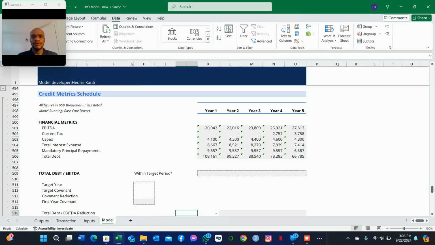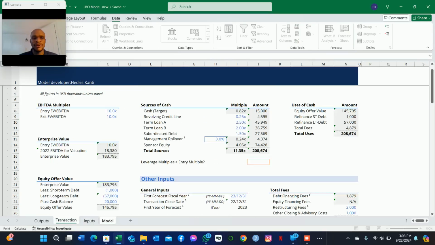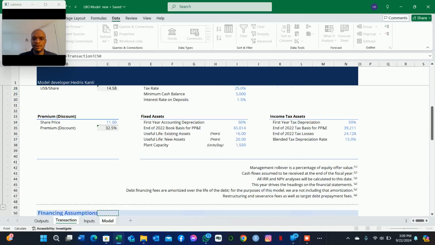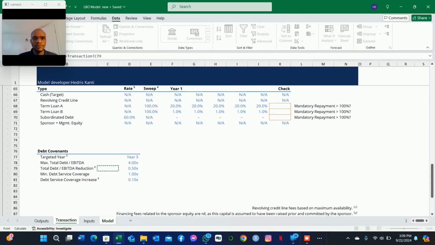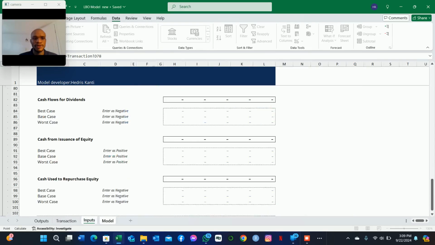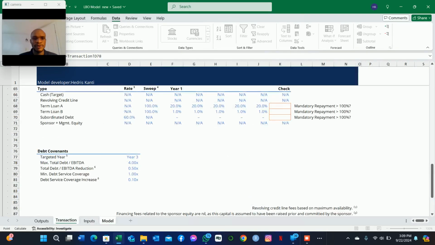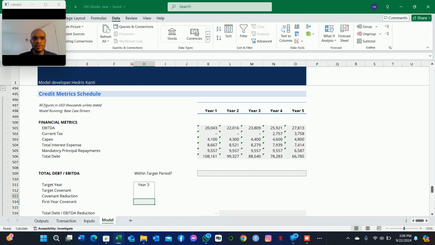The next thing we want to do here is to bring in our target covenant, covenant reduction, and the first year of covenant. We have this already set up in our assumption section. So we go to the transaction tab, and we see that we have it set up here. In this case, the target year of covenant is the third year. We reference that there.